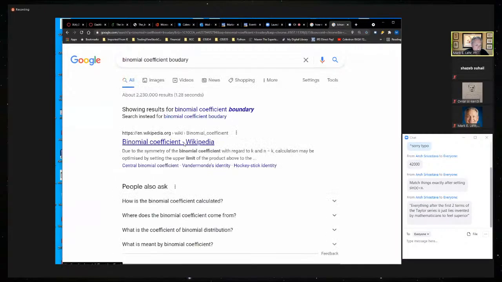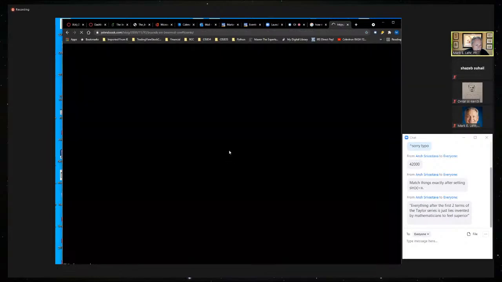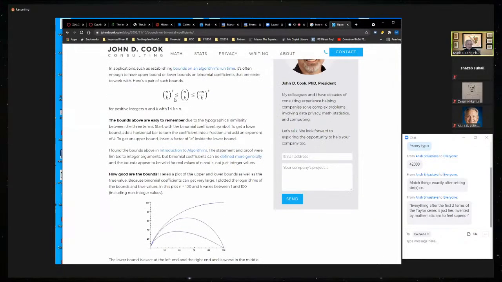You'll typically see the upper and lower boundaries for the binomial coefficient, just raised to the power k. So you have n divided by k to the k, and e times n divided by k to the k. So those are boundaries, and I can derive those for you.